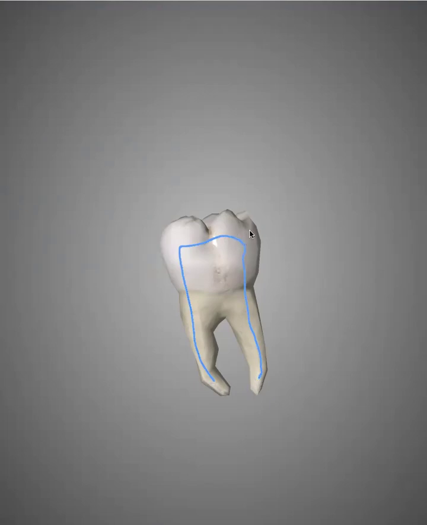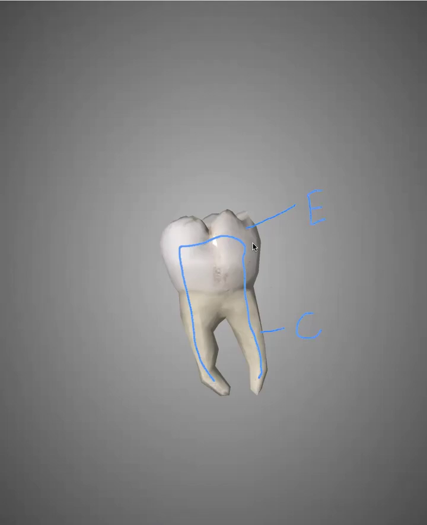Now here, this is enamel, and this is cementum. This layer of dentine goes throughout the tooth, where the crown is and the root is, or where the enamel is and the cementum is.